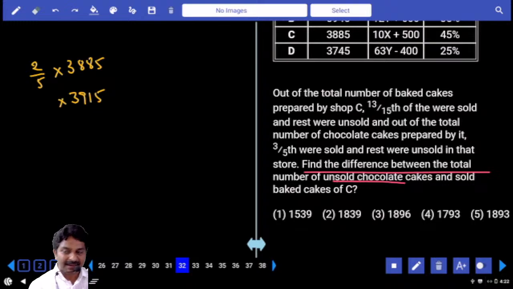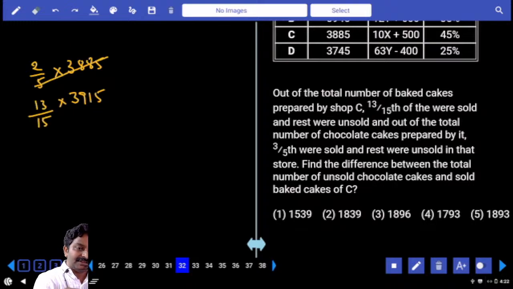Sold baked cakes are 13 out of 15. This is clear. 7 7 7, 15, 2 times, 6 times and then 1 time.